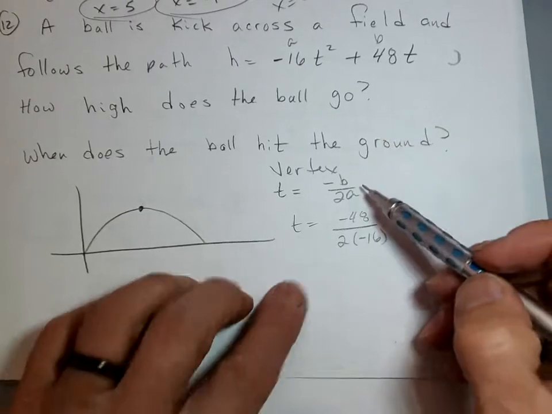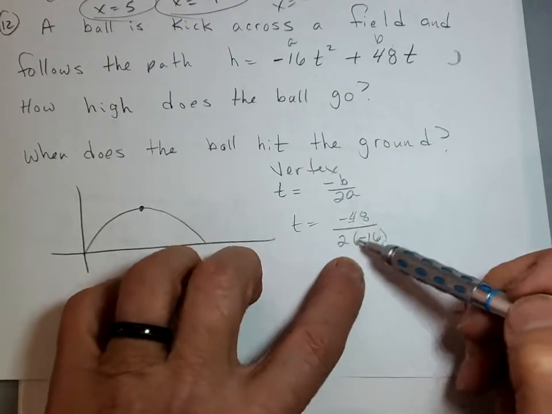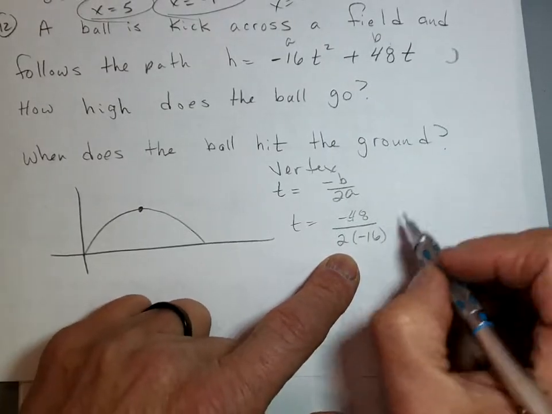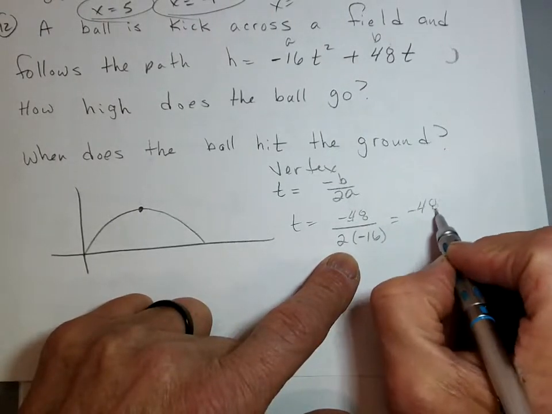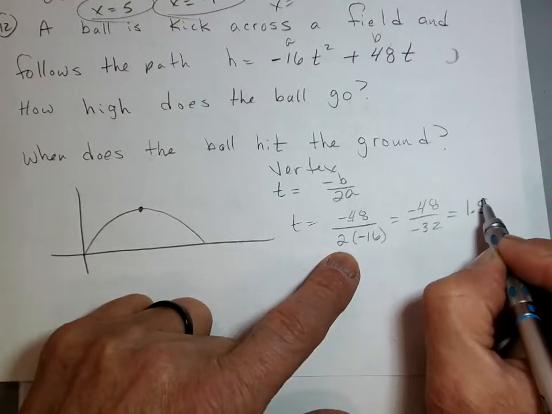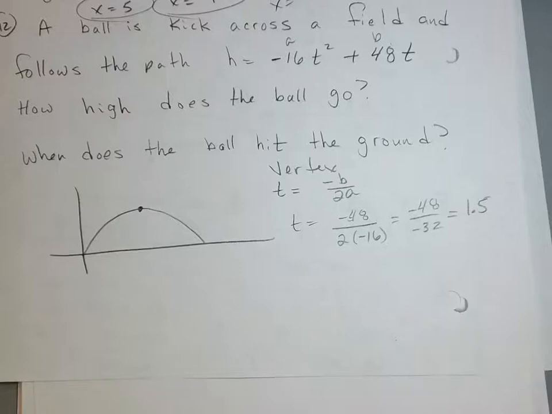That becomes negative 48 over negative 32, which is 1.5. Now, 1.5 can't be the answer to the height, but that's the time. So we kick it, and at 1.5 seconds it's at its highest, but that's not the height.